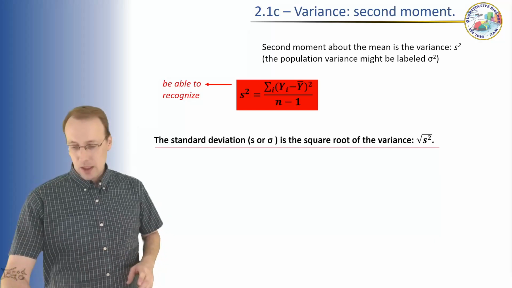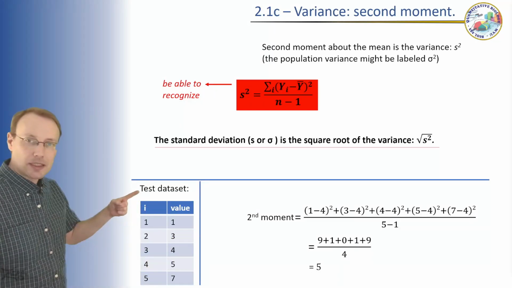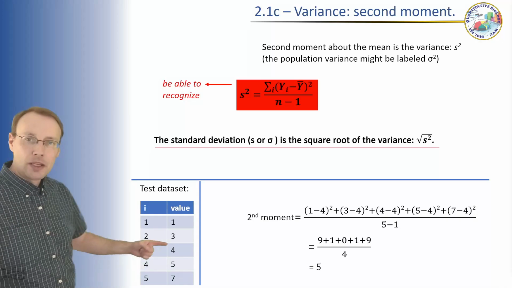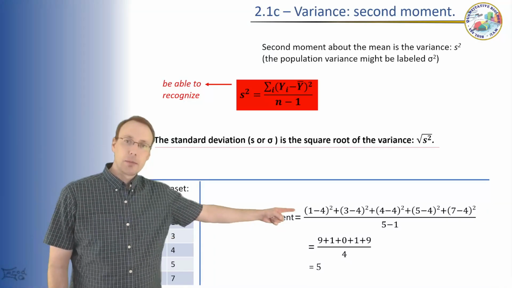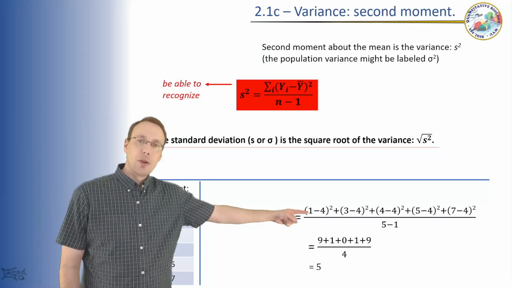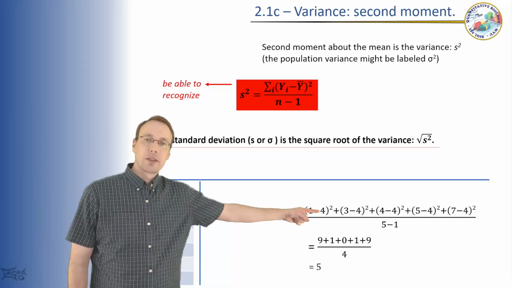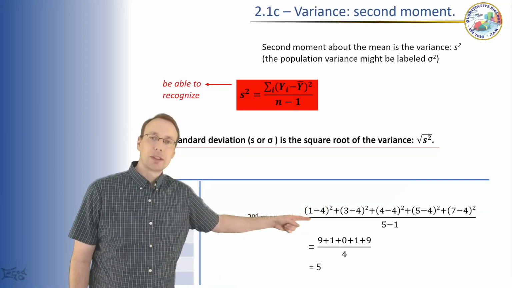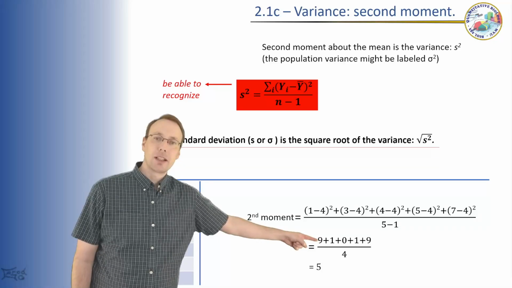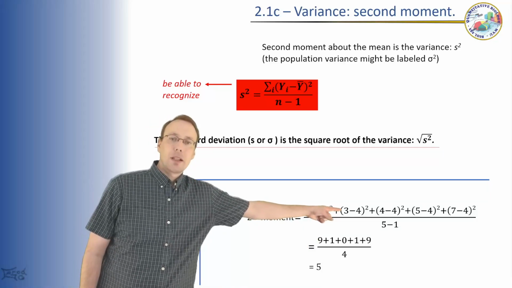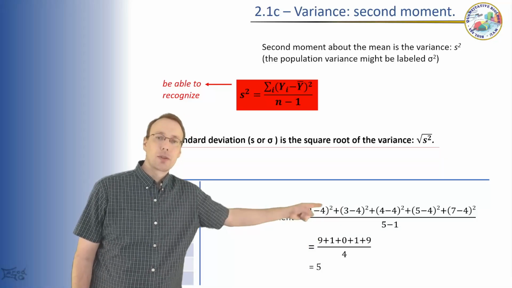Okay. A little example here, same example as before. And you see here my moment around the mean. So 1 minus 4 squared, so a positive number. Specifically here it's 9. 3 minus 4 squared is 1.